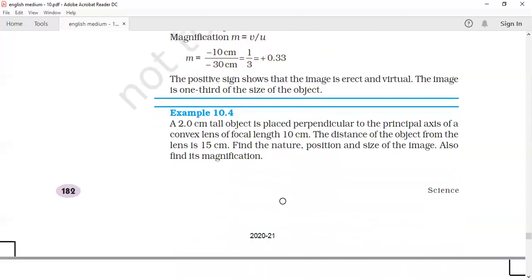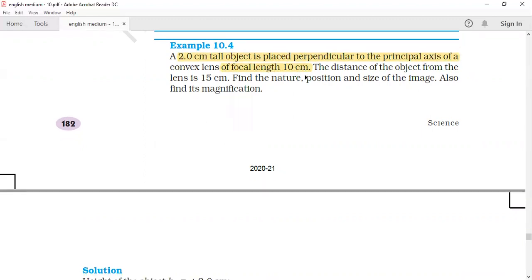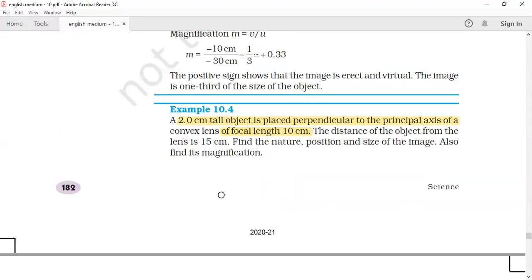Now example 10.4. Again from the lens. A 2.0 centimeter tall object is placed perpendicular to the principal axis of a convex lens of focal length 10 centimeter. So first we have the value of height, and then the focal length, and also the distance of the object, 15 centimeter.